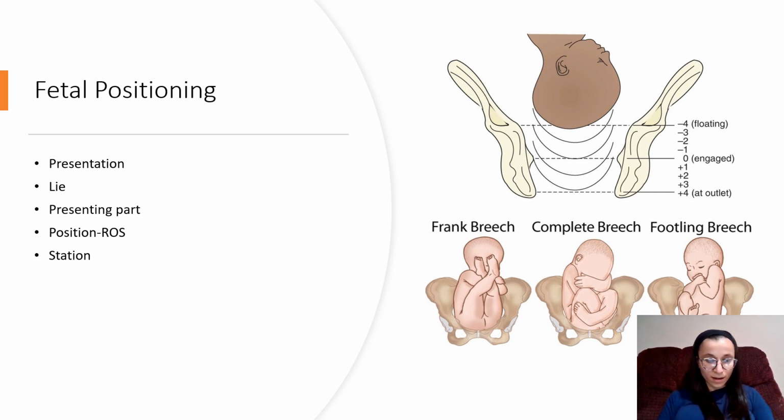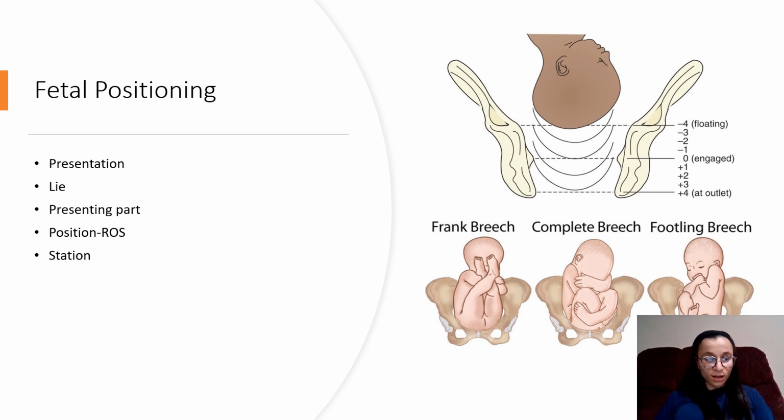So see how there's a foot. There's also shoulder presentation, when the baby is transverse, so it's like this, and you're going to need a C-section. There's no way to birth someone through the vaginal canal when they're transverse, unless the baby turns.